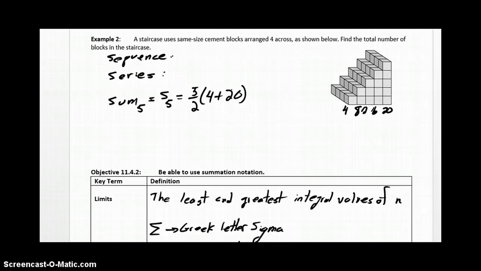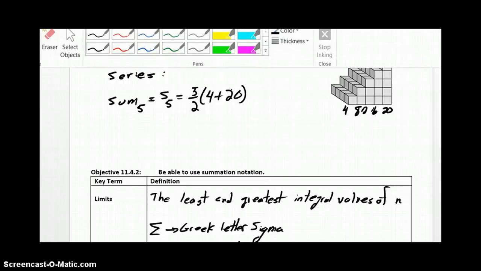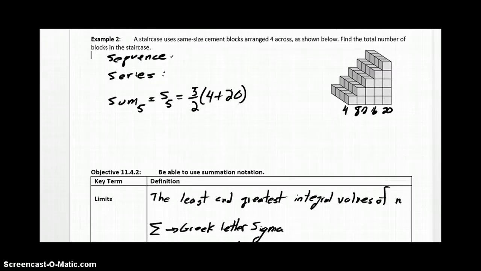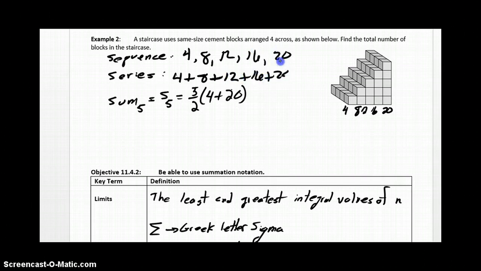So if I just look at this sequence, we can quickly see that my sequence looks like 4, 8, 12, 16, and 20. 4, 8, 12, 16, 20. The series then would simply be the summation of those: 4 plus 8 plus 12 plus 16 plus 20.